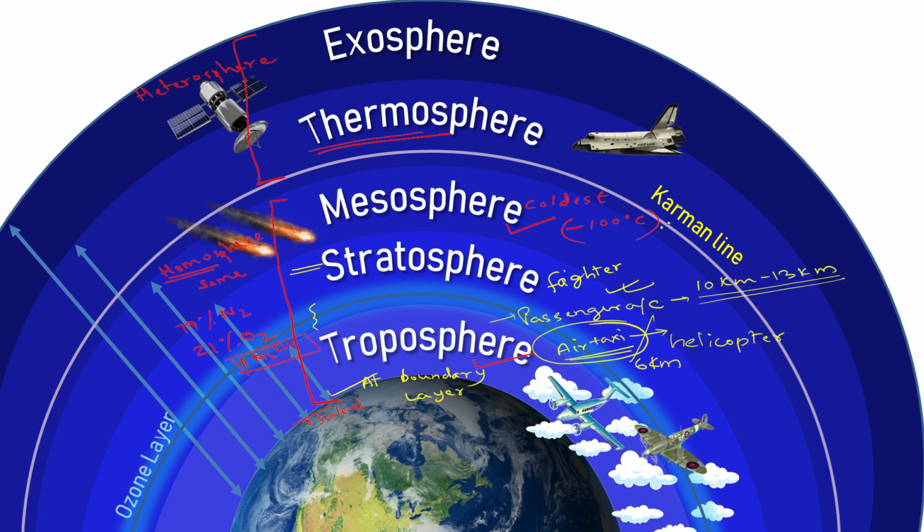Now, very importantly, defining the Kármán line. What is the height of the Kármán line? It is 100 kilometers from the Earth's surface. Once a flight crosses this Kármán line, space law begins.